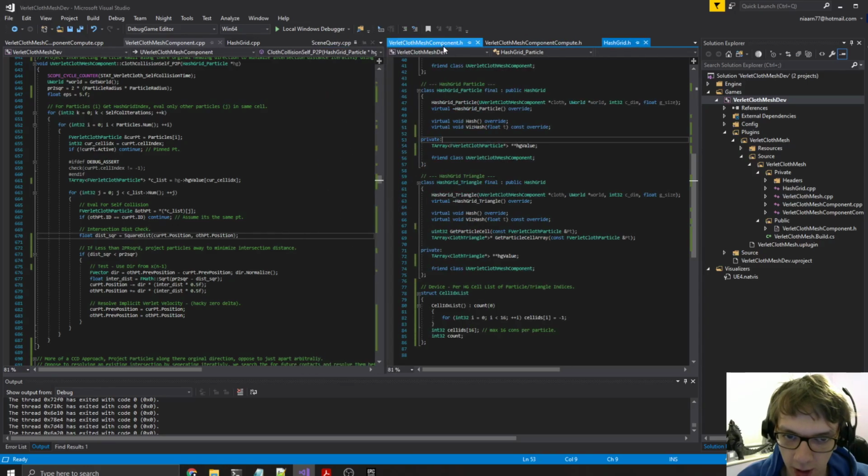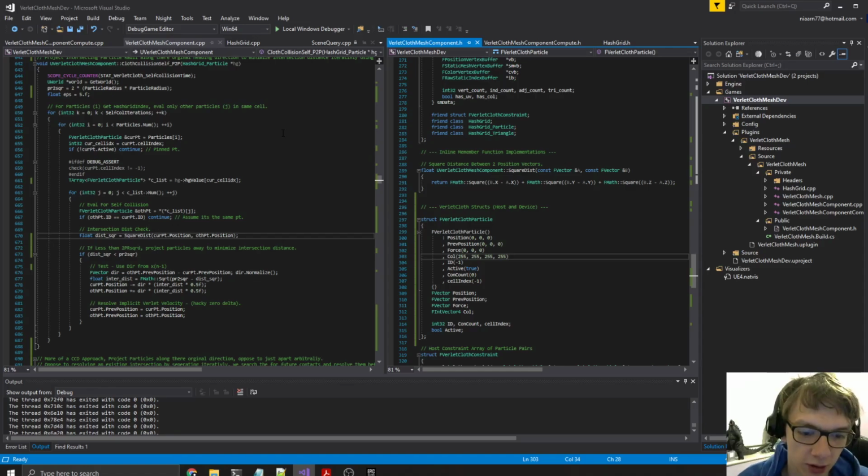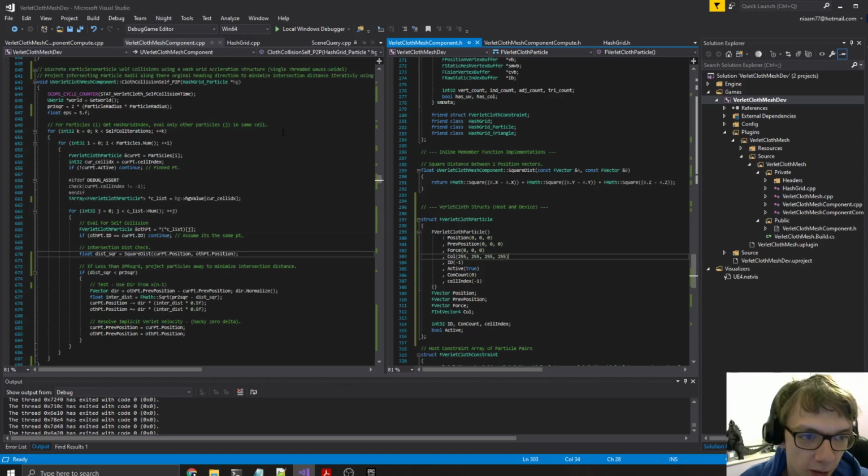So, the actual GPU implementation. This is going to be done using compute shaders in Unreal Engine, and Unreal Engine doesn't give easy access to compute shaders in terms of the API, but it is there, and it's okay when you know what to do and you've done one. I'm going to be copying a lot of code from the previous implementations.